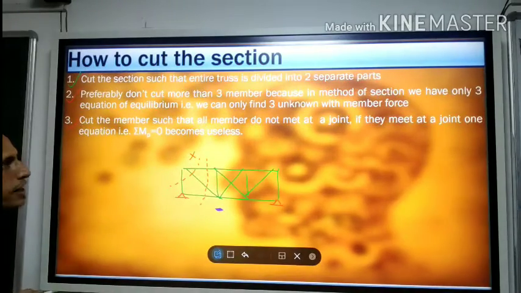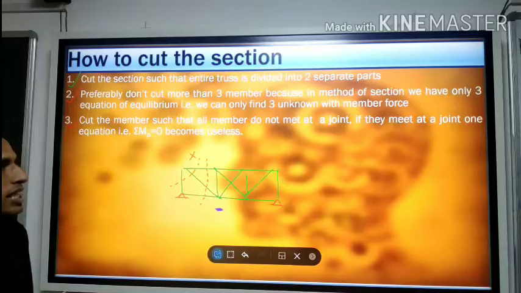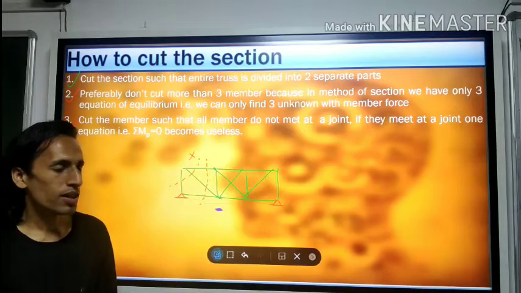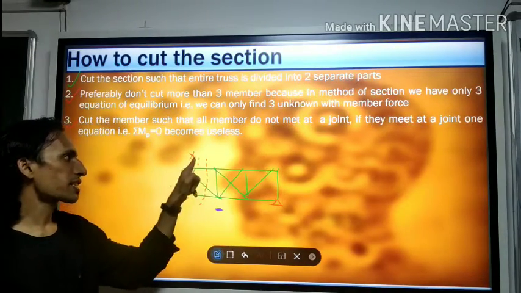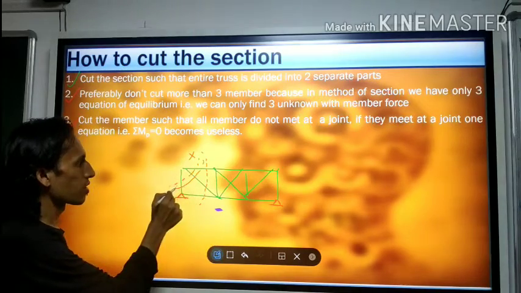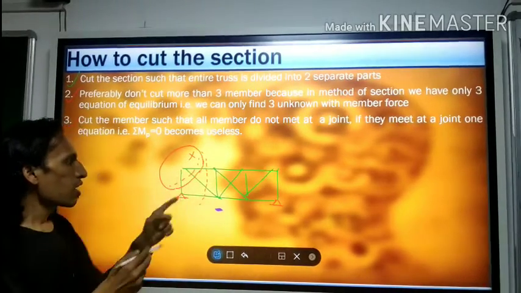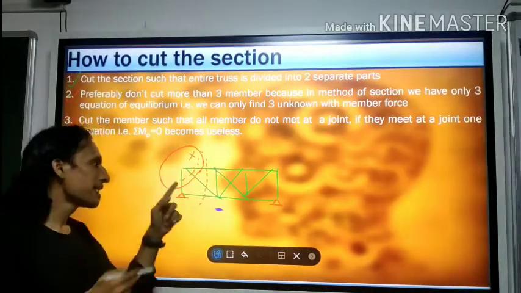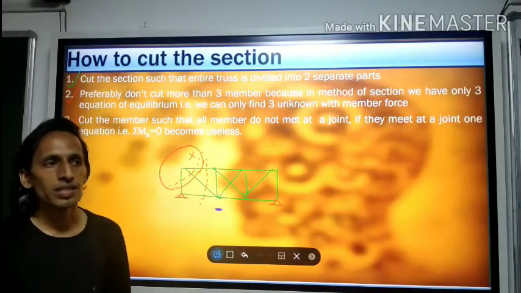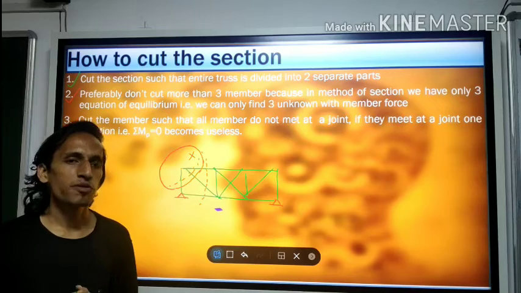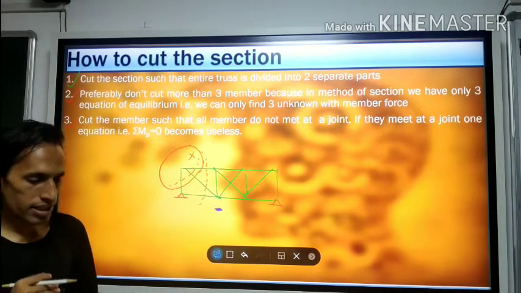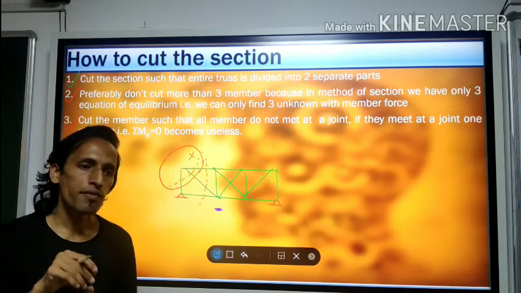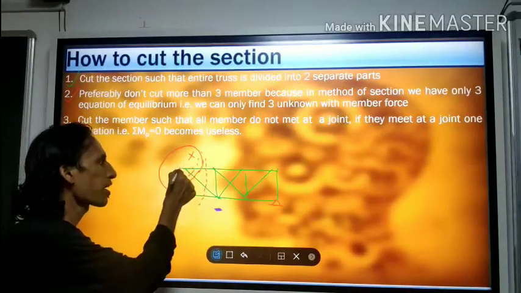So what is the third point? Cut the members such that all the members do not meet at a joint. See here, the first section that I have cut, this kind of section. The members I am cutting, this one and this one, are meeting at one joint. If you are cutting such a section, then there is a problem that all the members are passing through one point, this point.